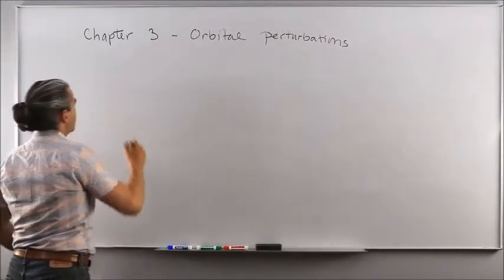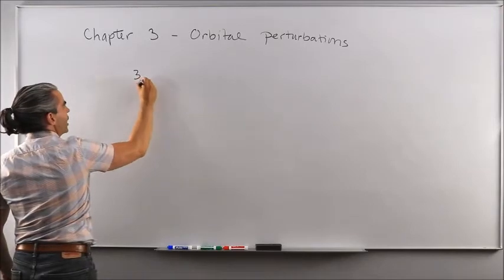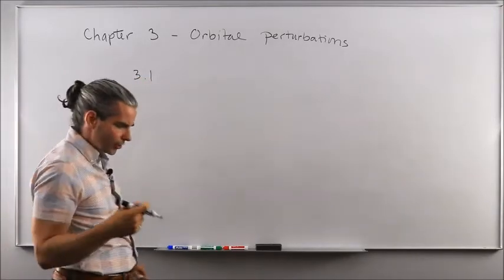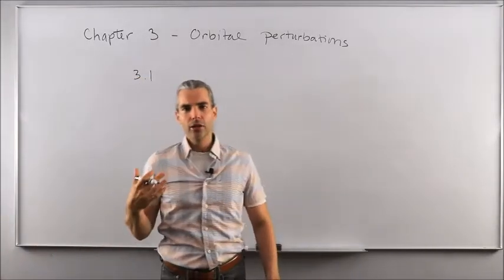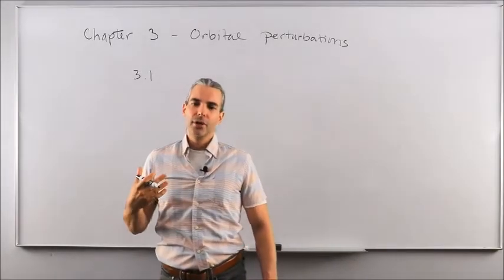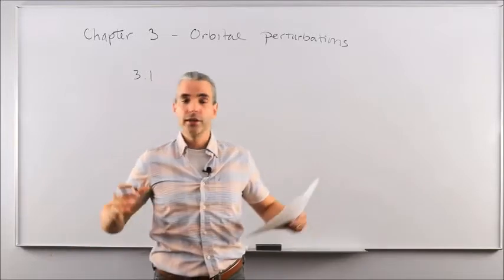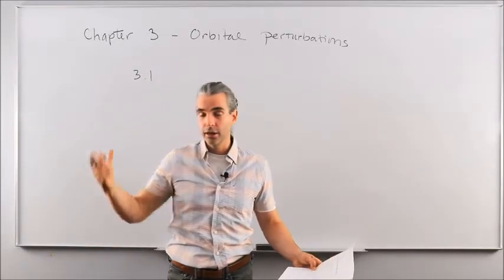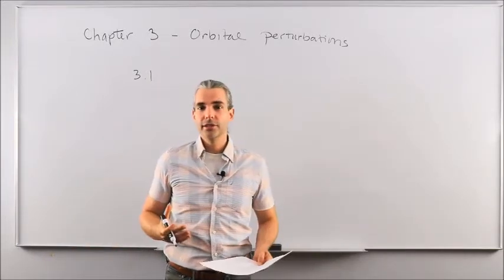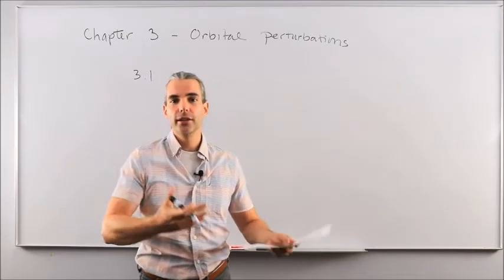So what we're going to do in this chapter is derive a methodology that will allow us to analyze the effects of any perturbations we can think of on the orbital elements, and specifically on their rate of change.